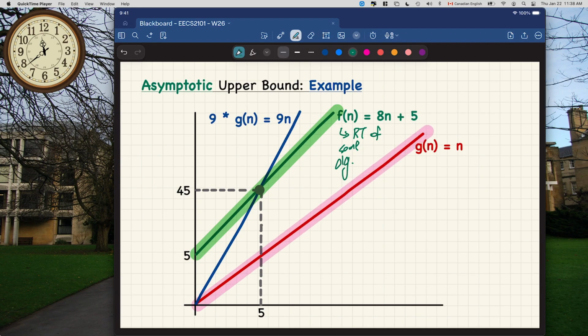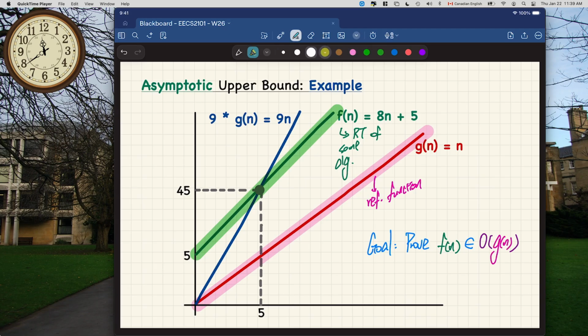So this one here is the reference function, g of n, without any manipulation just yet. What's our goal? Our goal is we want to show or prove that there's a membership right here. f of n, the running time function, is a member of the big O with the reference function g of n.